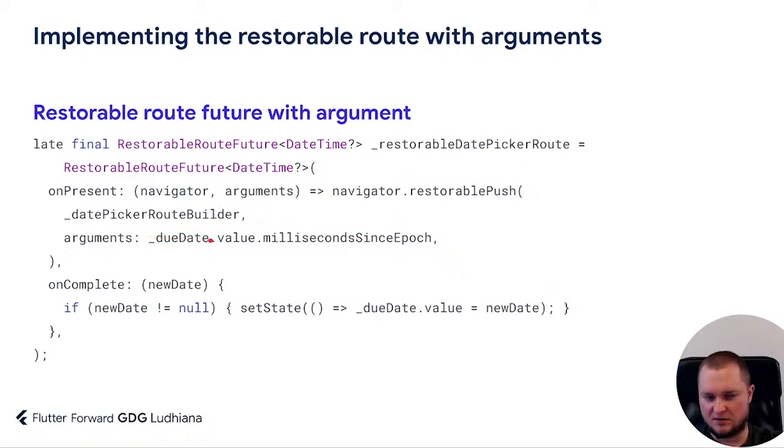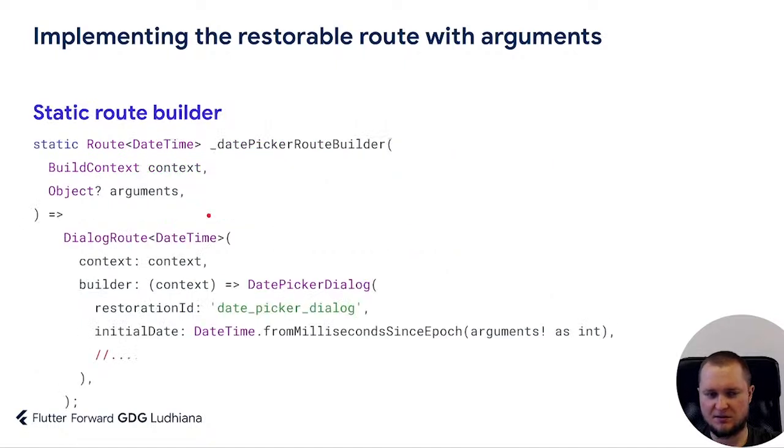And so if we serialize the DateTime here, we also have to deserialize it on the other end, and the other end is in the builder. So here the builder is more complex. This initial date is taking the argument as an integer and creates a DateTime out of it.